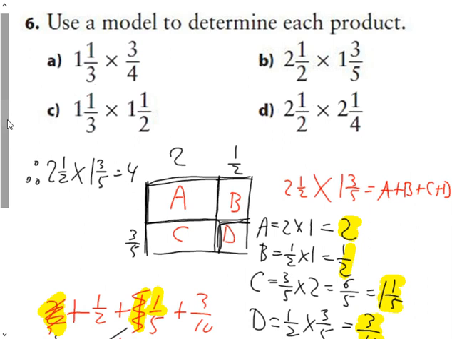We're going to check by cheating here. So 2 1/2 is 5/2, because 2 times 2 is 4, plus 1 is 5. Multiplied by 5 times 1 is 5, plus 3 is 8, 8/5. When I work that out, 5 times 8 is 40, 2 times 5 is 10, and 40/10 in lowest terms is 4.